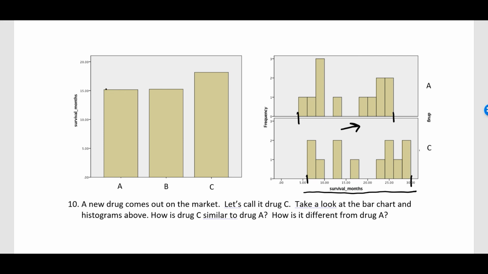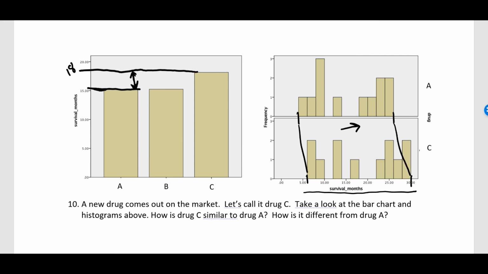So we can see A is about 15 something. What's our average for C? It's looking like maybe it's more like 18 or so months. So I can really see that difference between drug A's average and drug C's average better on the bar chart than I can in this histogram, because in this histogram, it just looks a little bit shifted.